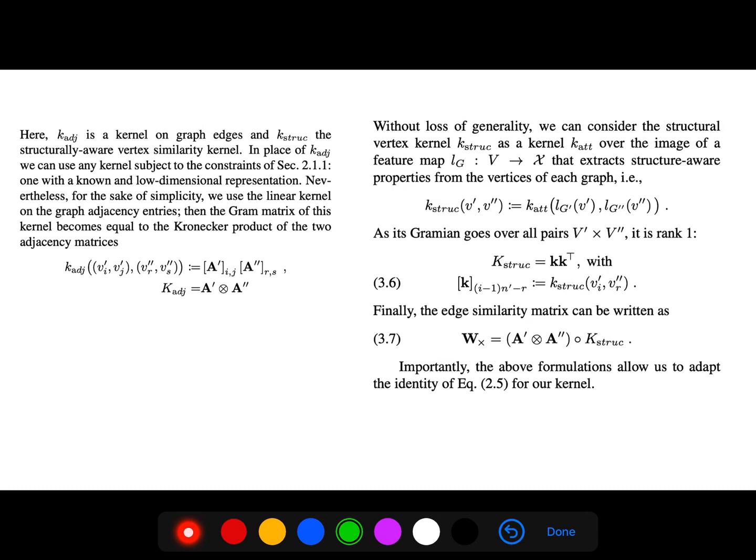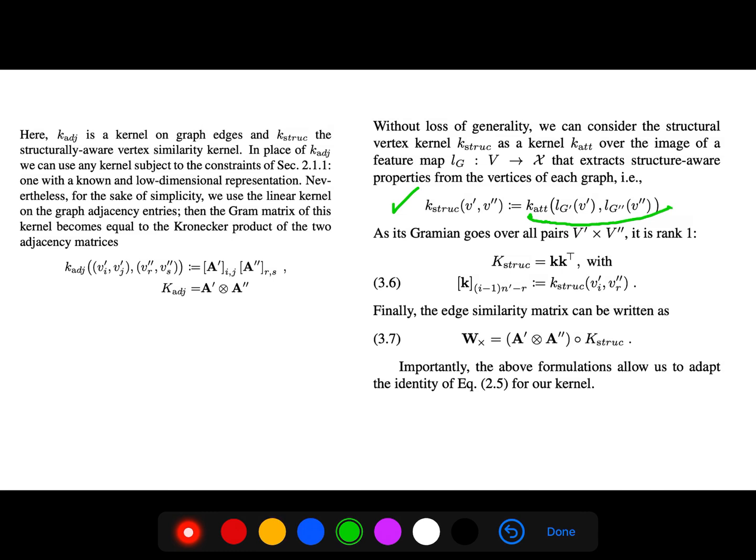So we can consider the structural vertex kernel as a kernel of attributes over the image of a feature map that extracts structure-aware properties.